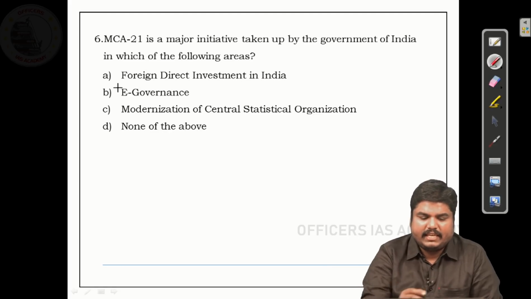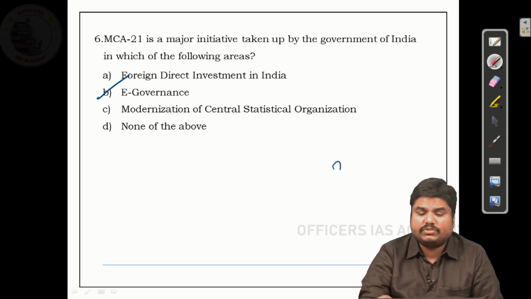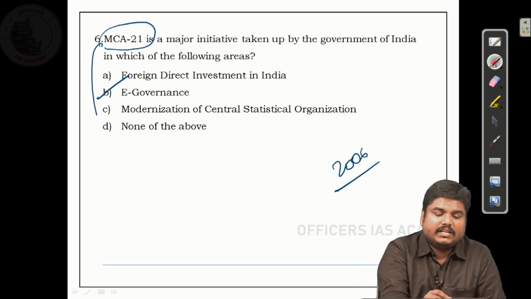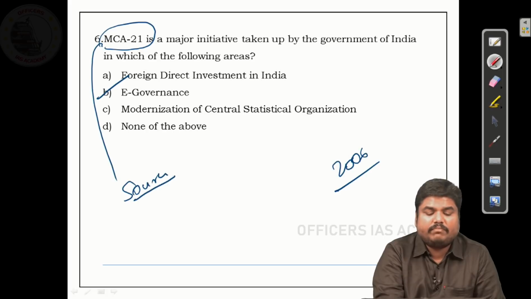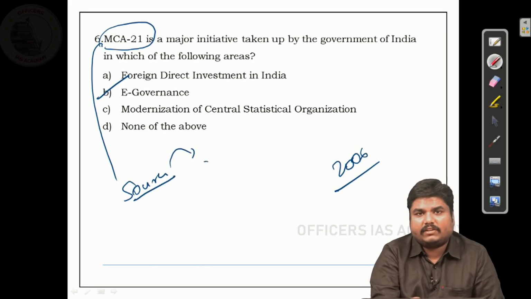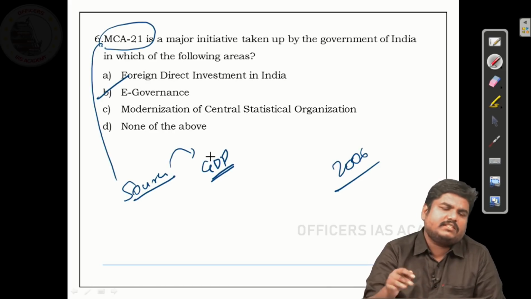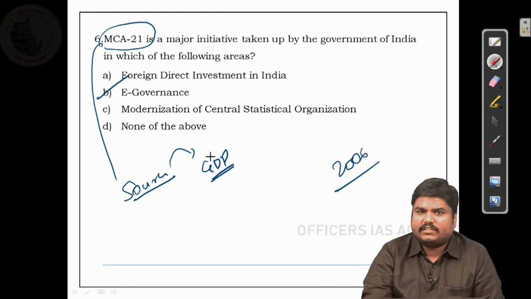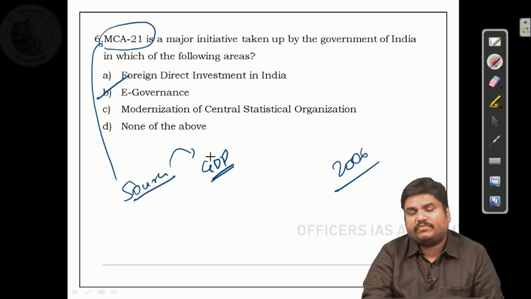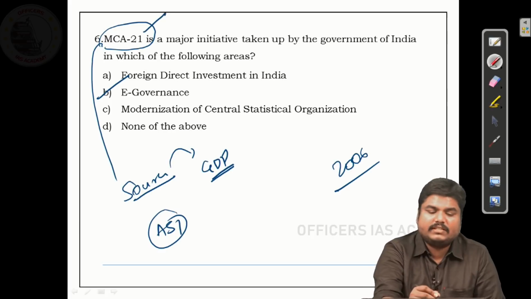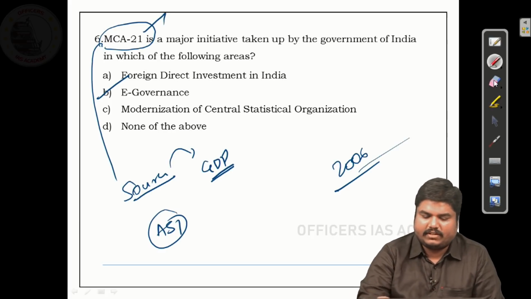It is an e-governance measure which was introduced in the year 2006, and remember this MCA 21 is one of the important sources for calculating the GDP, right. The source for calculating the GDP was changed since 2014-15. Before that the source was the Annual Survey of Industries, and now the source is MCA 21.